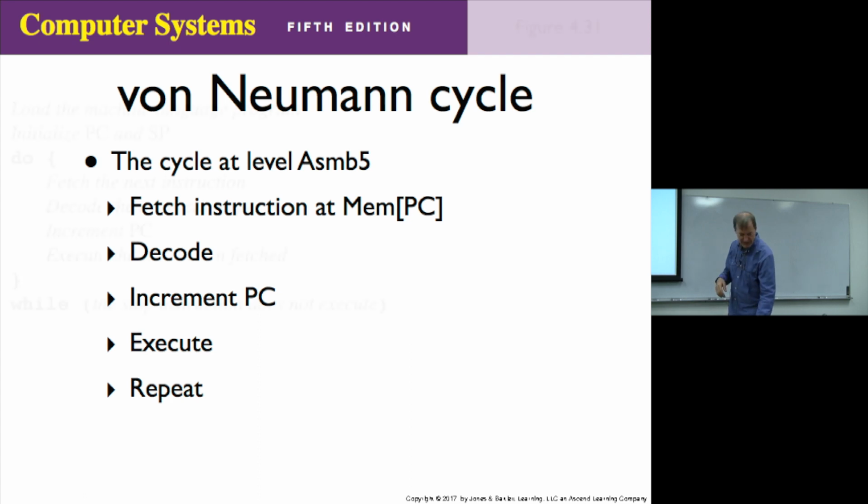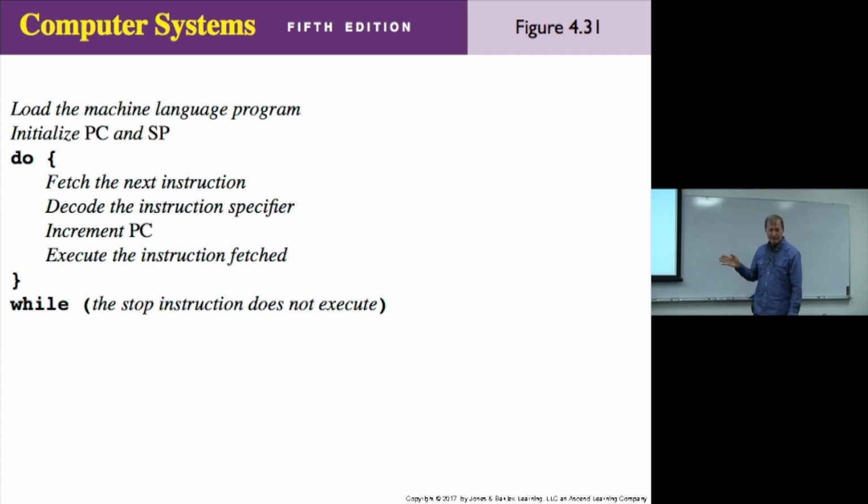And on the next slide, we have a figure from chapter 4 that is how we learned the von Neumann cycle in a pseudocode C-like language. Basically what we did in figure 4.31 back in chapter 4 is, the way the process works is you first load the machine language program, and by the way, in PEP 9, where is it always loaded?